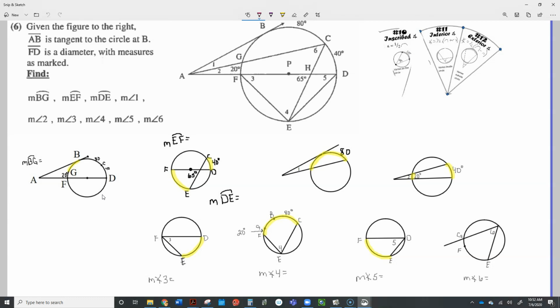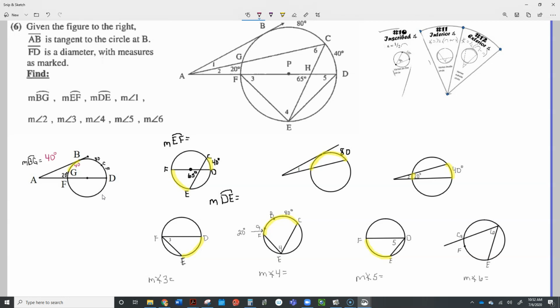So over here I have 20 right here, plus 80 right there, that's 100, plus 40 right there. So I've got 140 degrees accounted for, but I know that I need 180 because this is a diameter. And so a diameter will cut the circle into 2 180 degree pieces. So that means that this one right here has to be 40. Okay, I just found out that BG is 40.